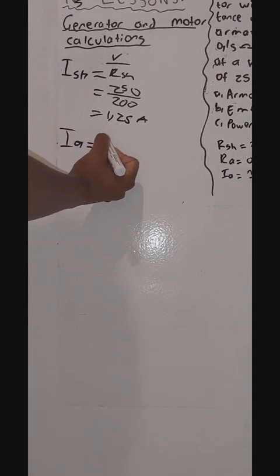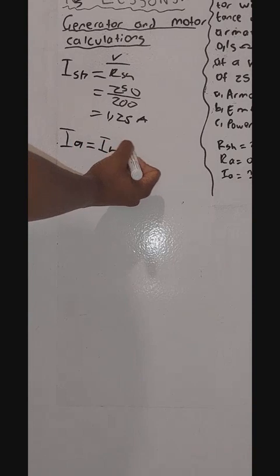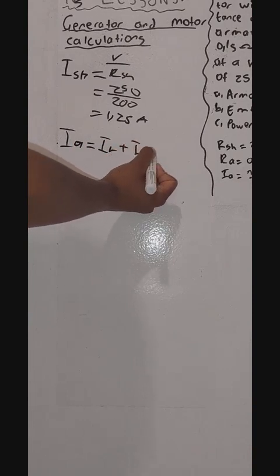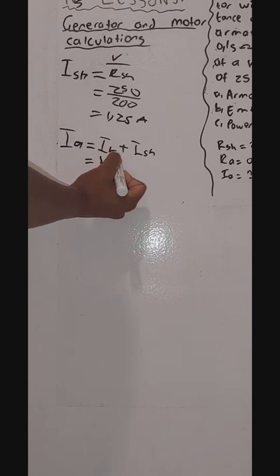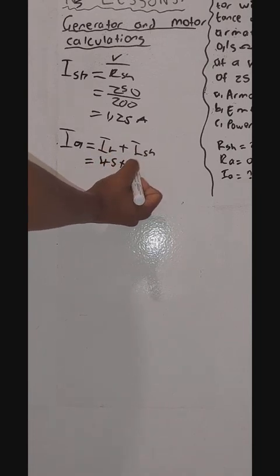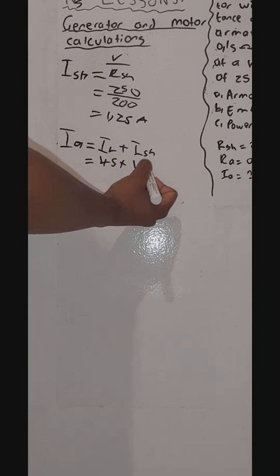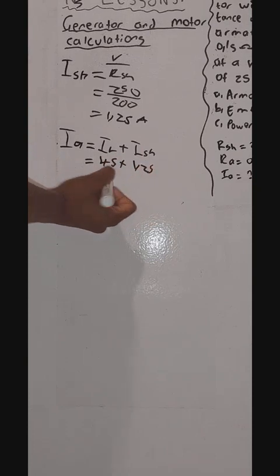IA is equal to IL plus I shunt. We were given IL, which was 45, plus I shunt, which is 1,25.